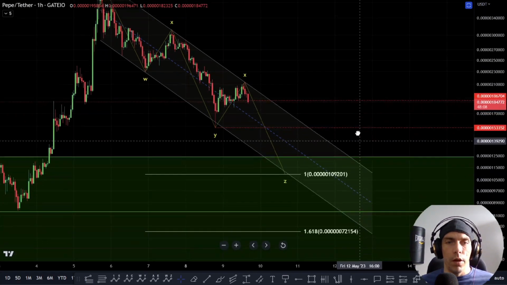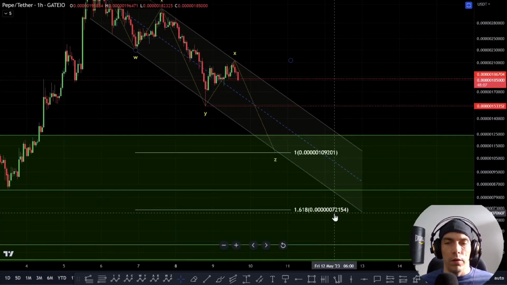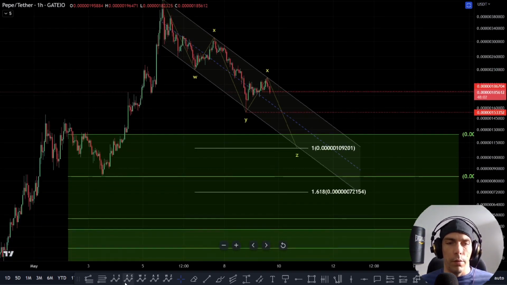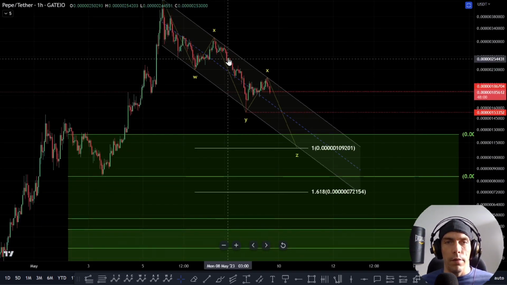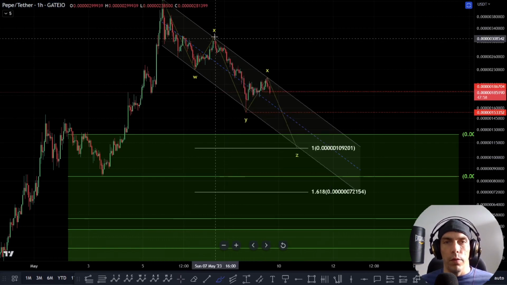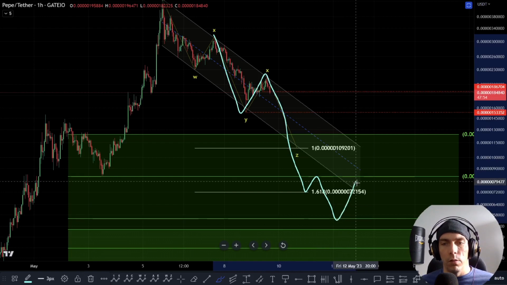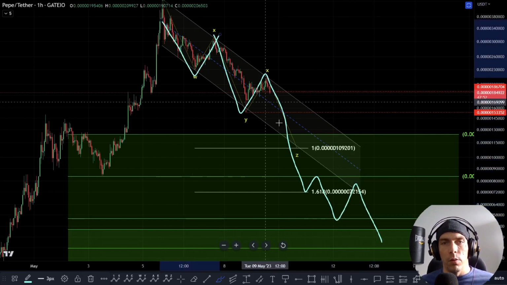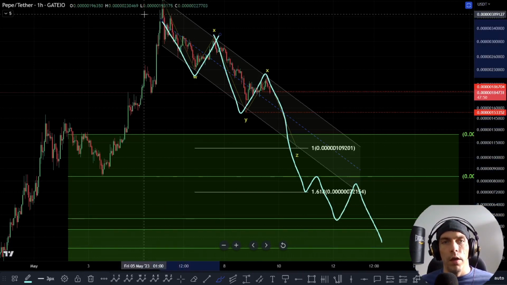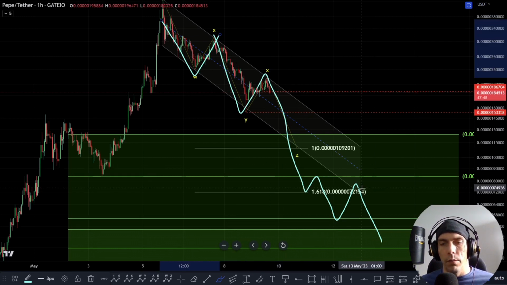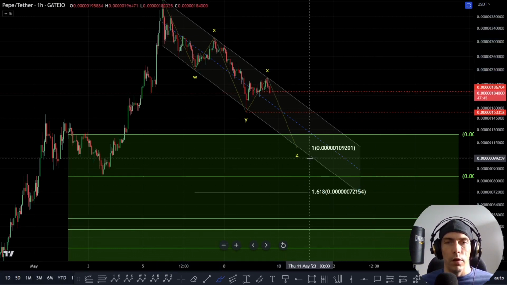So if we start to break down deeper past this 1.618, which is sitting at the 72154, we'd have to start allowing for the fact that what we could actually have here is that this move is a 1 and a 2, and then we'd be getting a 3, 4, 5, in which case we'd be getting another 4th and a 5th, because we'd have to count this move in this way: 1, 2, 1, 2, 3, 4, 5, 4, and 5, which would actually look to bring us directly down.